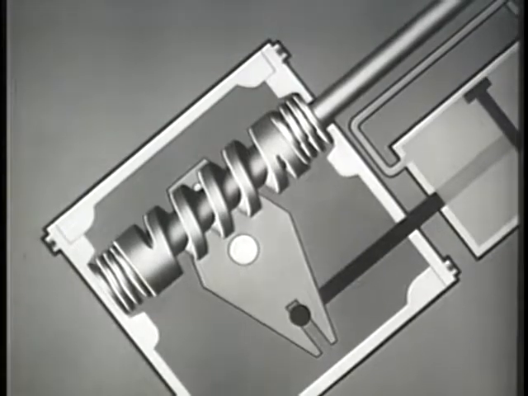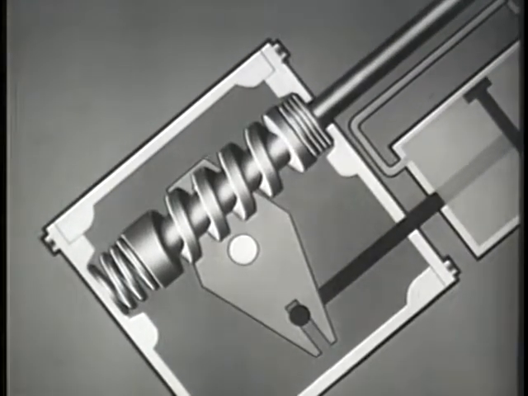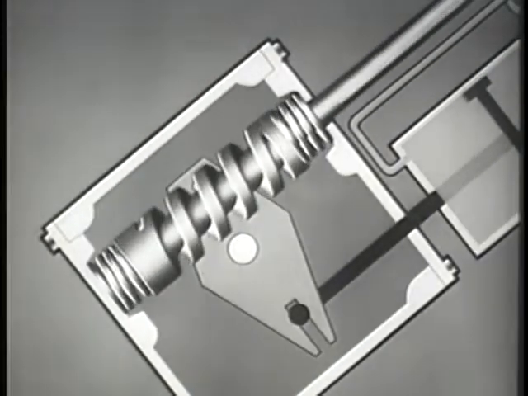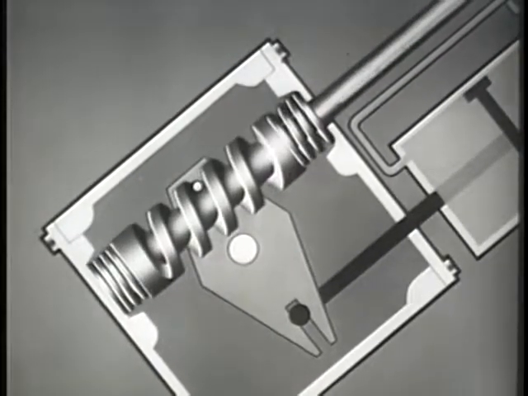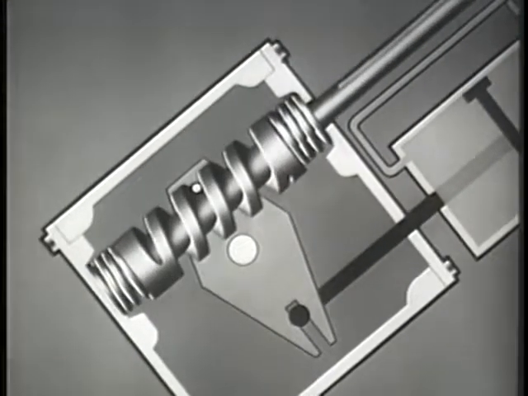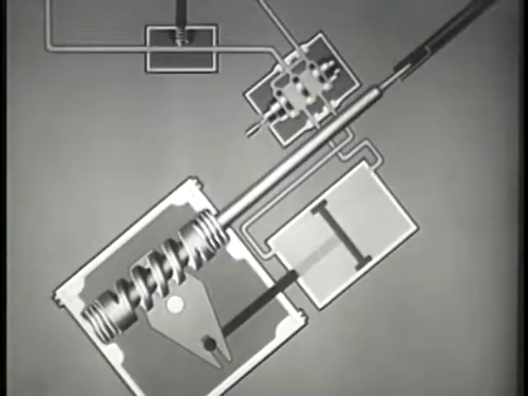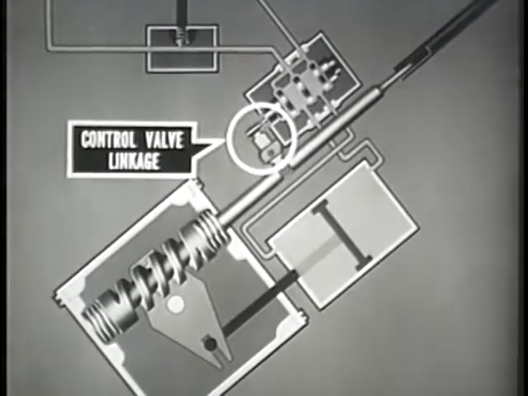This action causes a cam spring to be compressed, allowing the cam to move up or down, depending on the direction that the steering wheel is turned. This up and down movement of the steering cam actuates the control valve through the valve lever linkage.